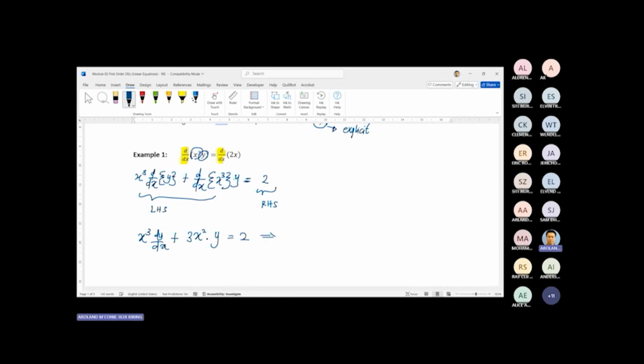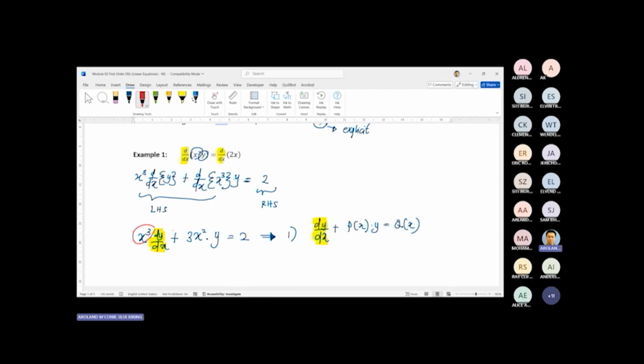This equation you compare with the standard form, which is in your step number 1, dy over dx plus p(x) multiplied by y equal to q(x). It doesn't fit the standard form yet because in front of your dy over dx, you are supposed to have a coefficient of 1. Here inside your question, you have the coefficient x to the power of 3. So you need to get this to become 1.